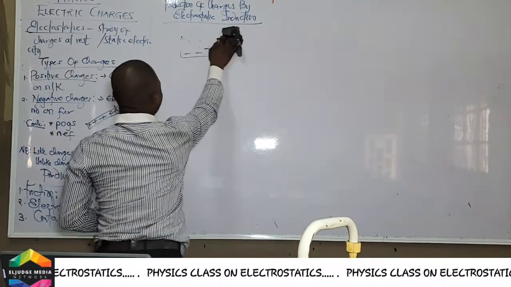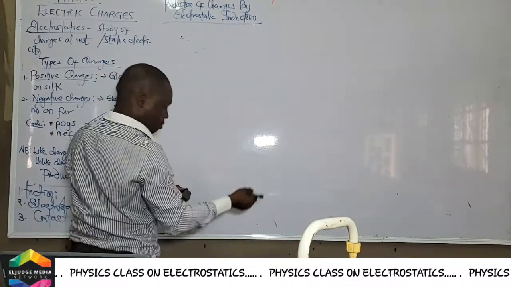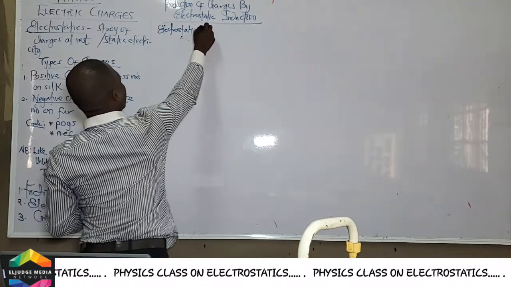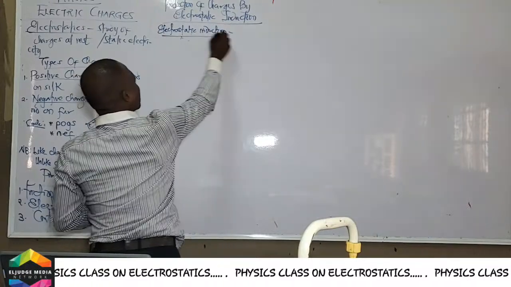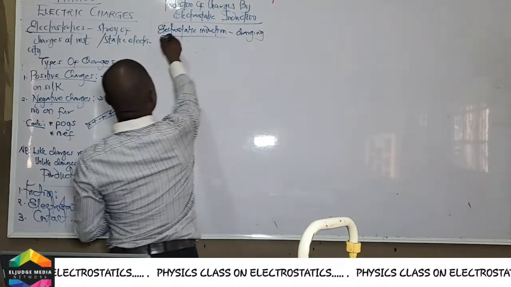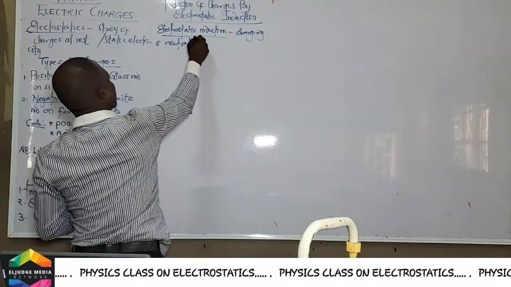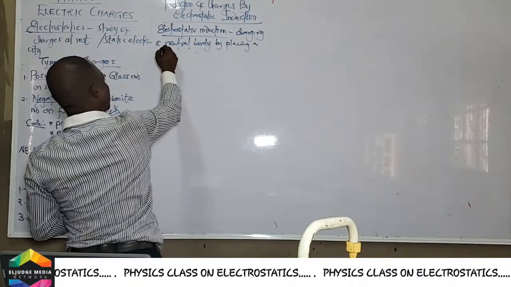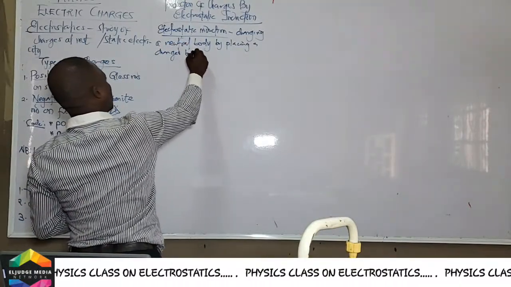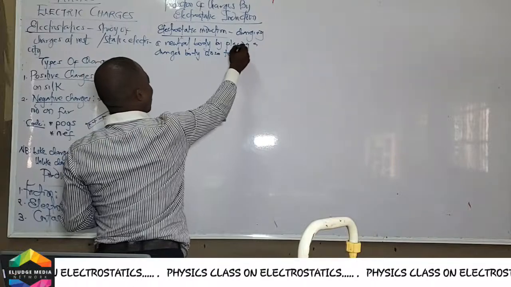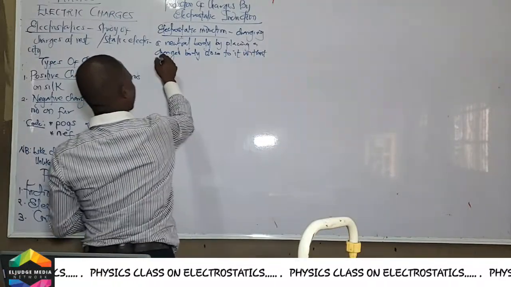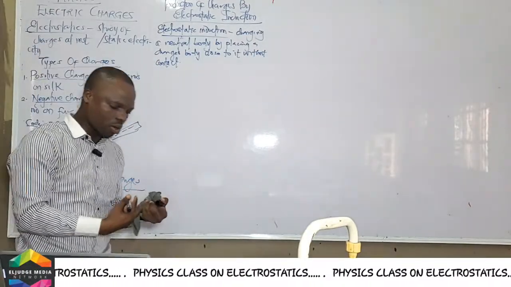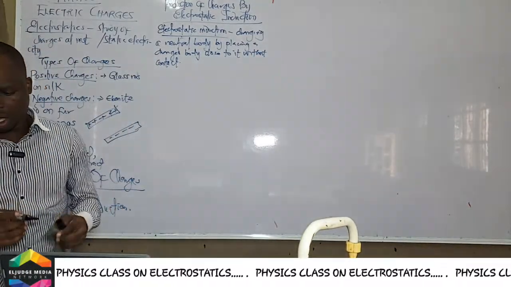So if we look at electrostatic induction, it is charging a neutral body by placing a charged body close to it without contact. The moment it has contact with it, it's no longer electrostatic induction, it's now the contact method. So let's look at an example.